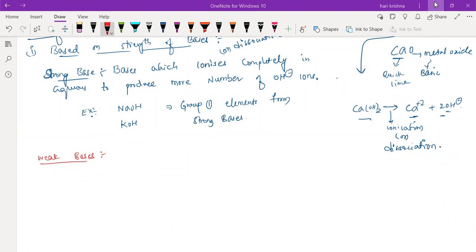Then tell me, what is the definition of a weak base? The base which does not completely dissociate. The base which undergoes partial dissociation. Yes.